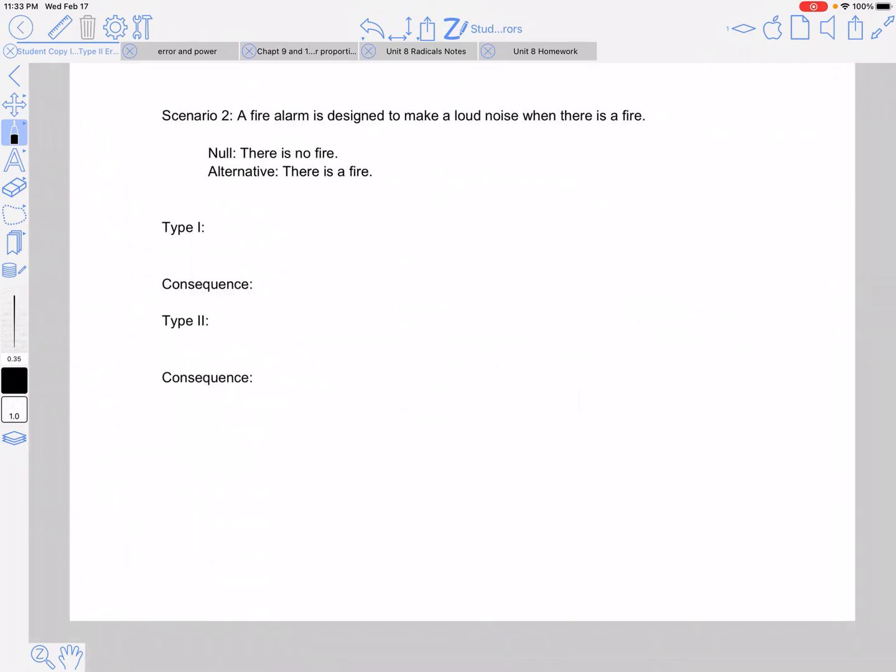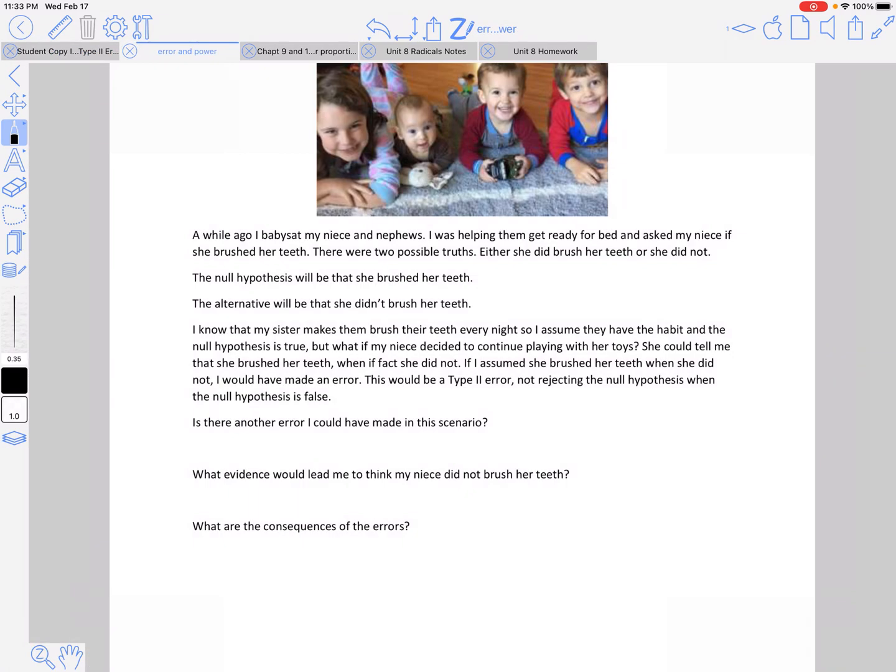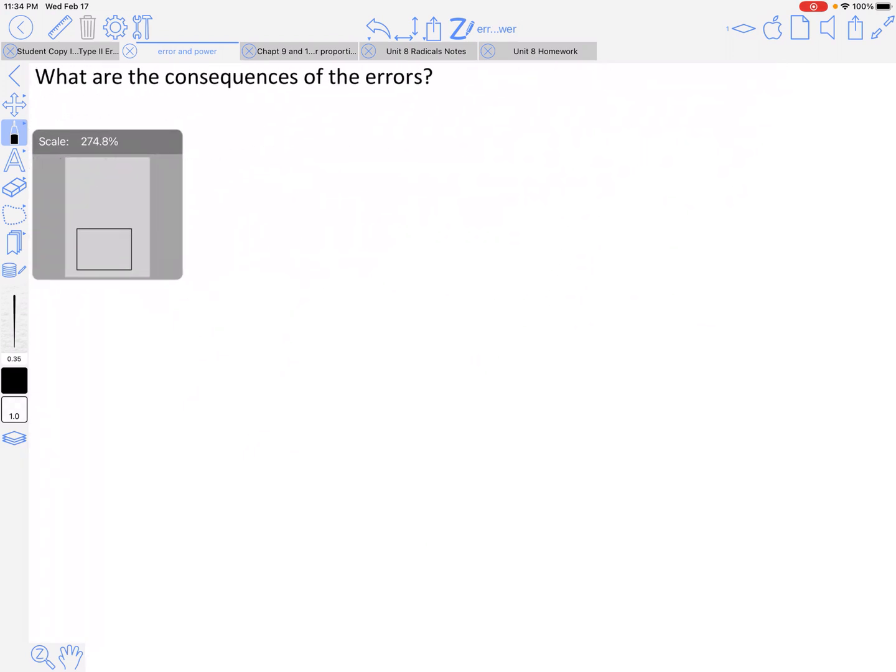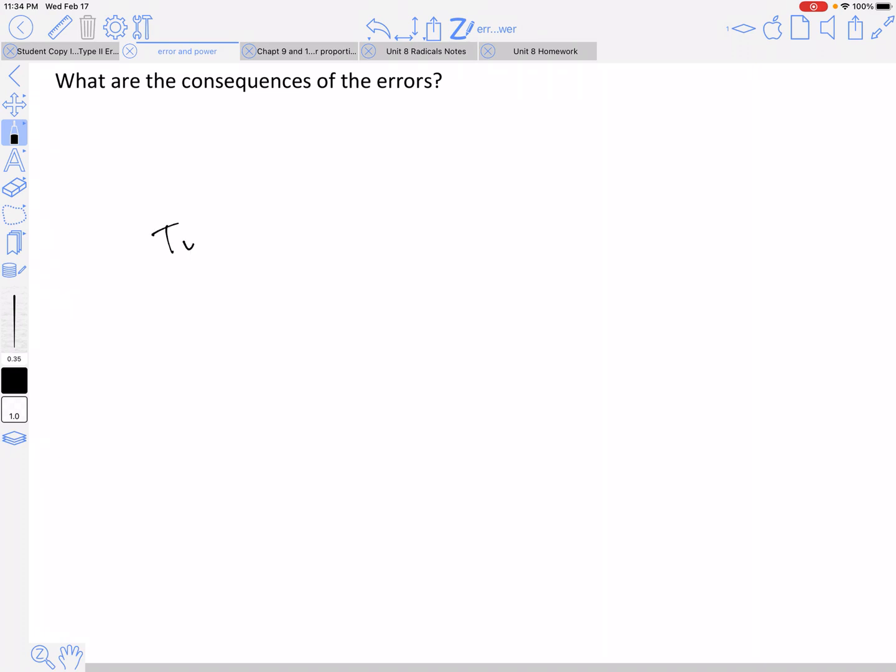So just to go back, wrong document. A type 2 error is not rejecting the null hypothesis when the null was false. And type 1, let me write it here real quick so you can see it, and then you can work on that paper.